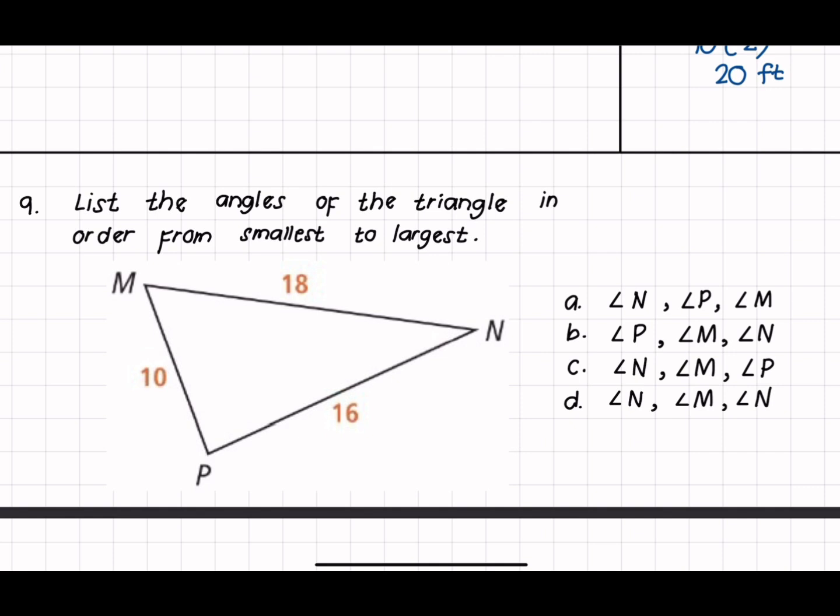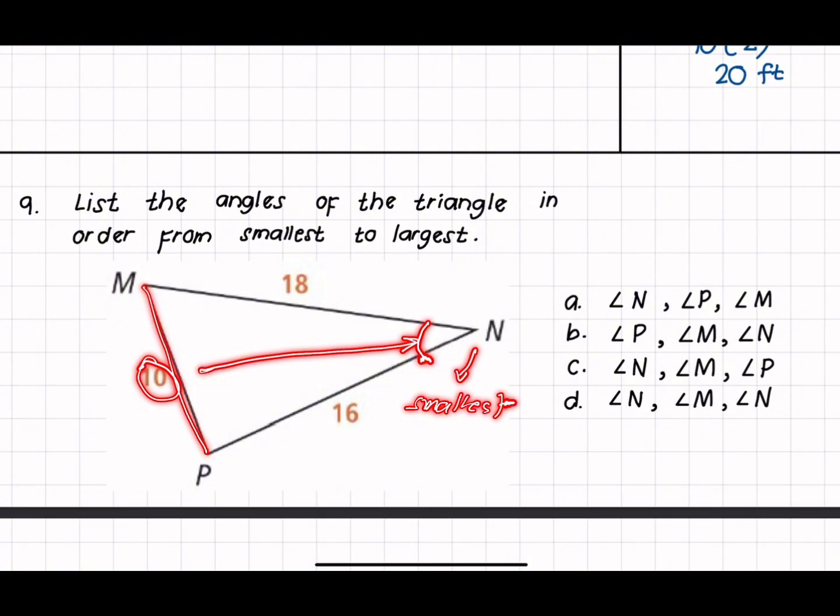So based on the theorem, as you can see, we have side MP, which measures 10. This side has an opposite angle, which is angle N. Therefore, we can say that angle N is our smallest angle, because angle N's opposite side is side MP, which measures 10.